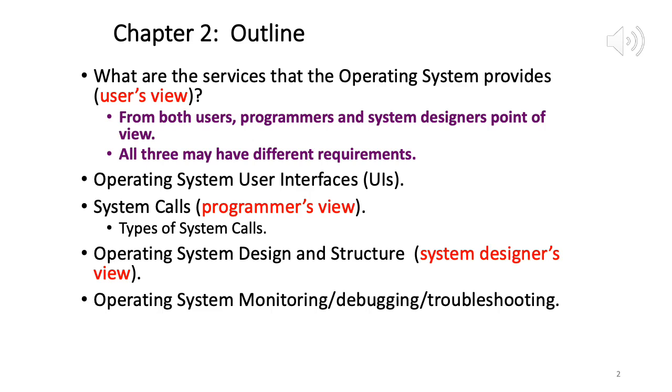Now I am on slide number 2. The title of the slide is chapter 2 outline. Here we sort of give an overview or a blueprint or a roadmap of what this chapter is all about.